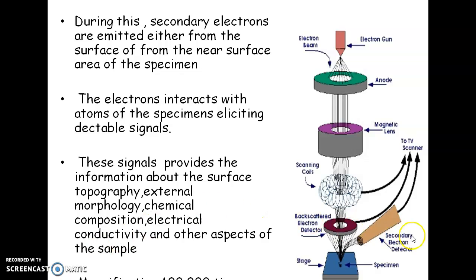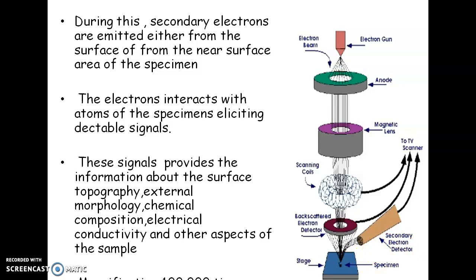The primary electron is the electron emitted from the electron gun, which passes through the lens system and finally impinges on the specimen. When it impinges on the specimen, the electrons moving out, diffracted out from the specimen, are called secondary electrons.